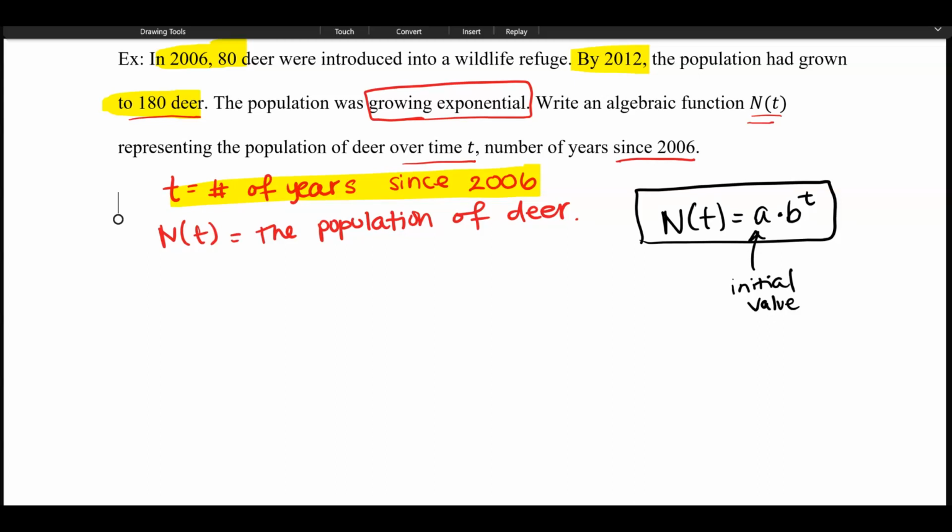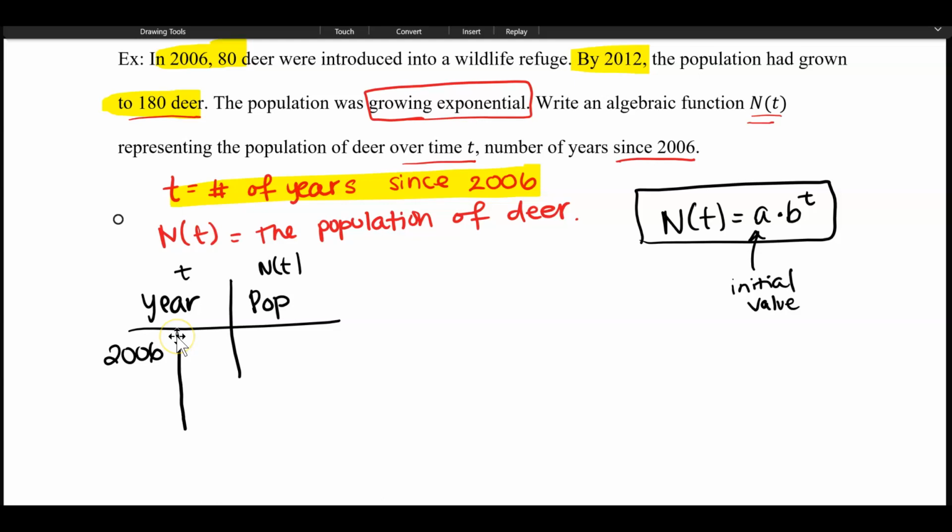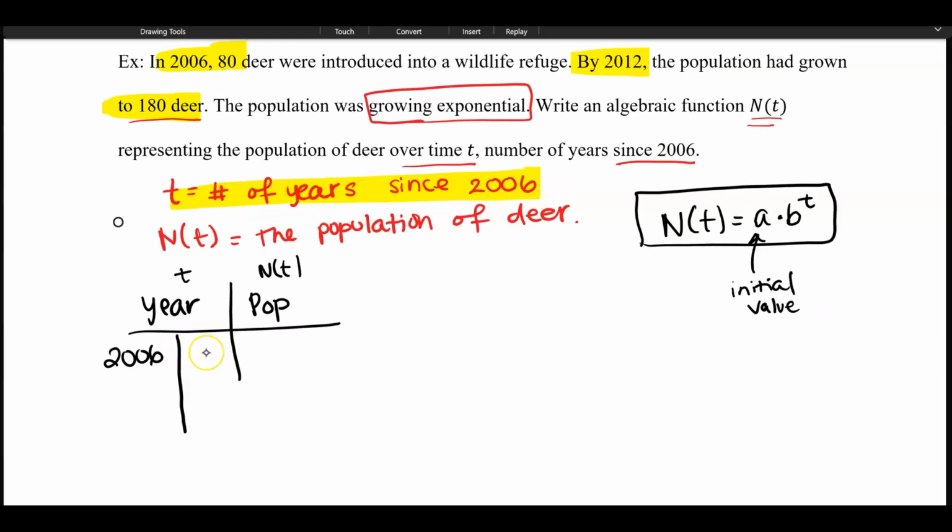So let's do a real quick chart. So here's my year and my population. Okay. So remember that year is t, and then my population is going to be that n of t. So in year 2006, this is critical for us to consider, this is really what we're calling 0.